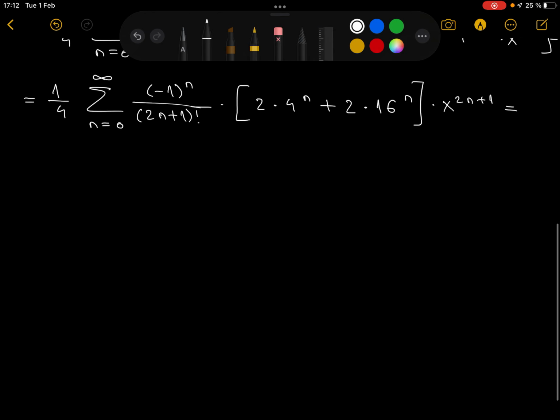Now we can factor out this 2. We can take these 2's and factor them out.